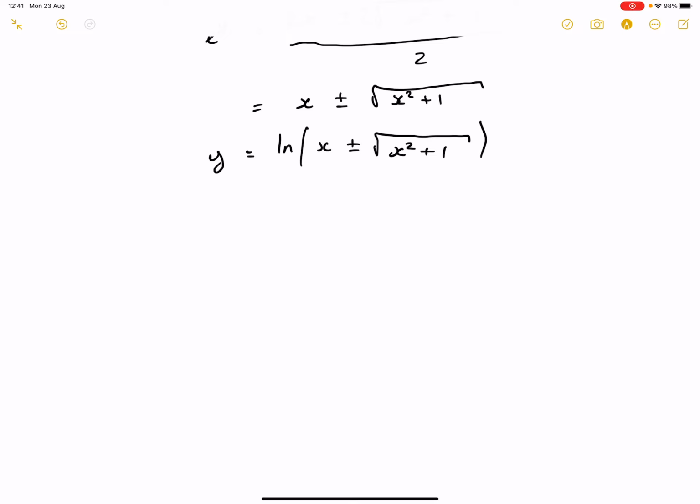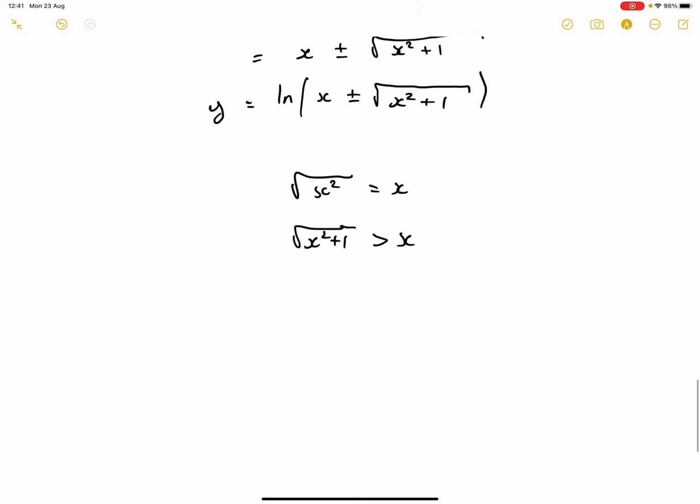Now, this root of x squared will equal x. So the root of x squared plus 1 will be greater than x. So therefore, we can't have this negative solution here, because x minus the square root of x squared plus 1, no matter what x is, positive or negative, will always be a negative solution. So it's plus.